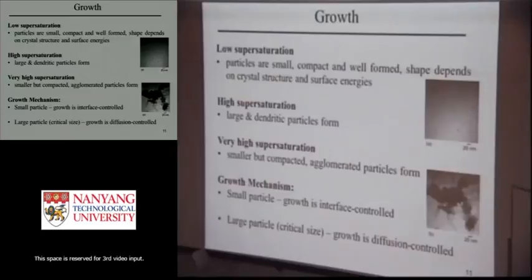If the degree of supersaturation is increased to a relatively high value, many times you will see a lot of dendritic growth because the concentration is high. So you are not able to separate nucleation from growth very effectively.